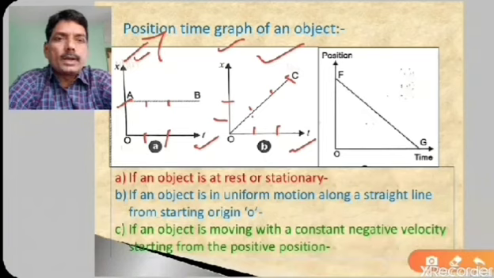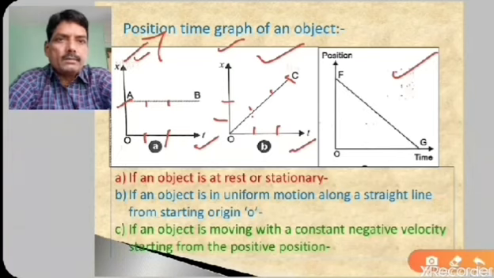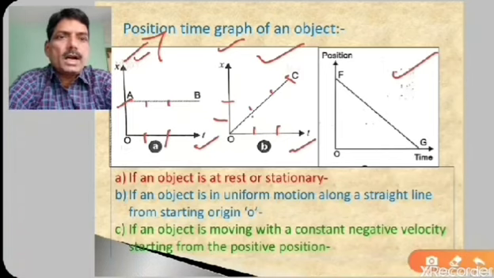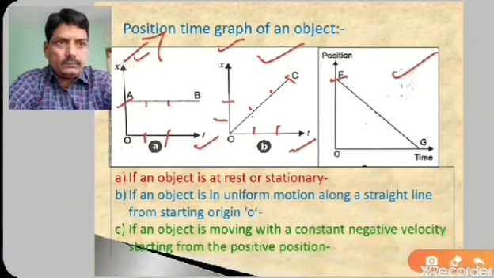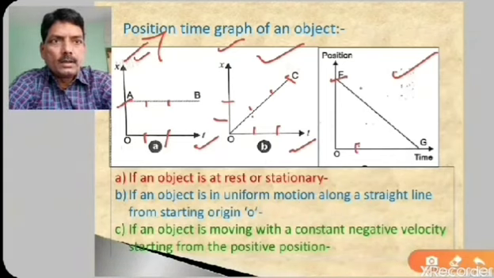Now moving to the third graph, this is the position time graph of an object moving with constant negative velocity starting from a positive position. For example, the initial position is this one at point F, and with respect to time the position goes on decreasing like this. For this time period this is the position.